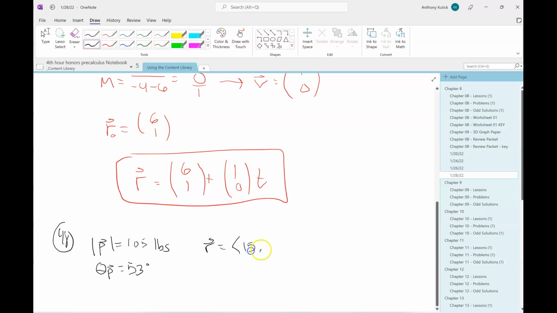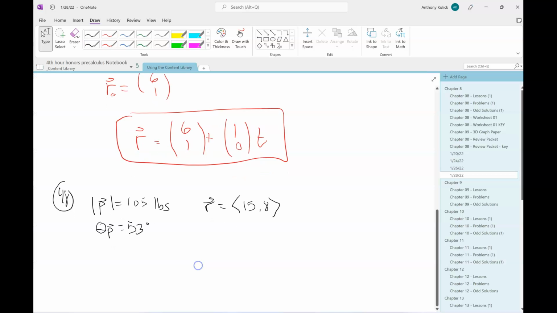So we had talked about that just allows us to go straight to component form for the ramp. Okay. I'm going to need the component form for my P. So magnitude times cosine of direction, and then magnitude times sine of direction.